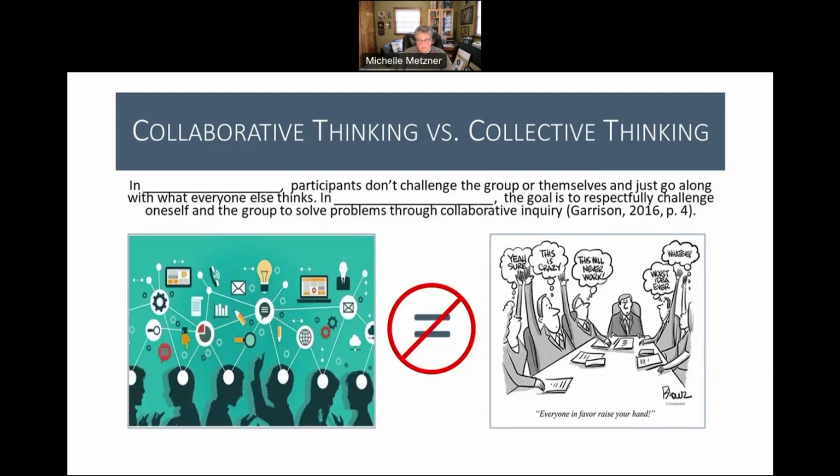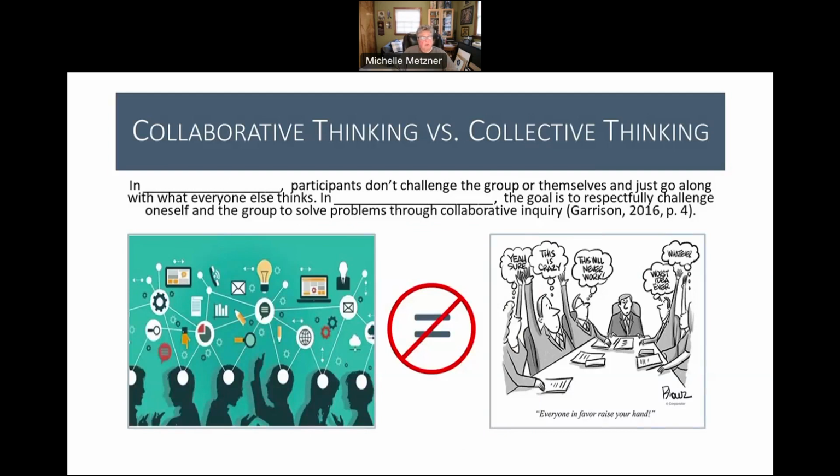Next, we talked about the differences between collaborative thinking and collective thinking. So let's do a little fill in the blank here. In blank, participants do not challenge the group or themselves and just go along with what everyone else thinks. In blank, the goal is to respectfully challenge oneself and the group to solve problems through collaborative inquiry.